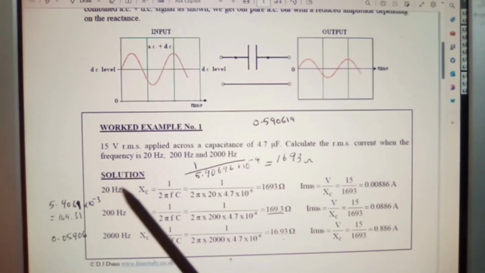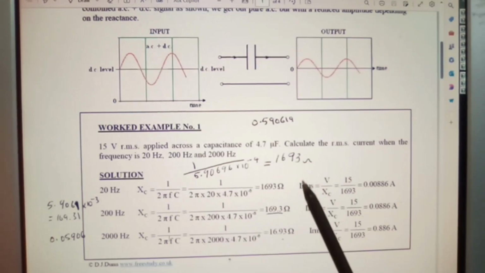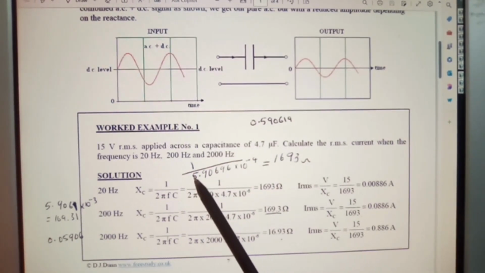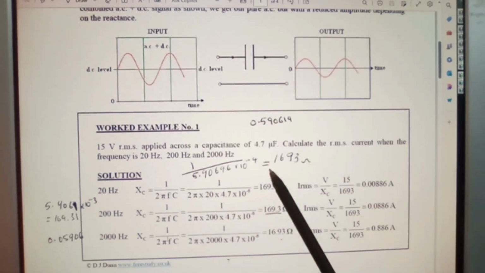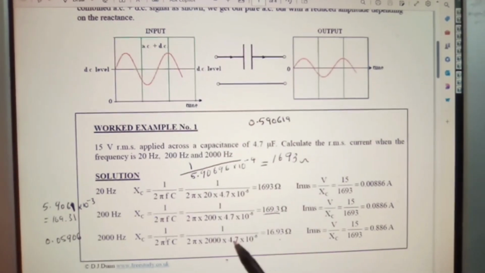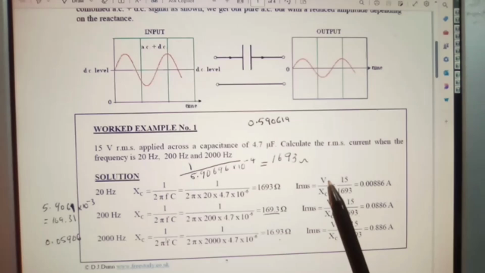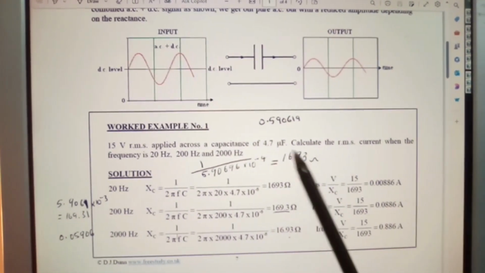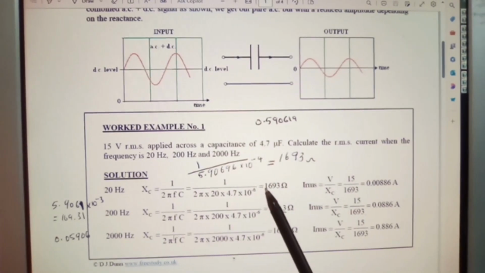Each one here gives you the process, but for me I just wanted to know how we got this, and you can see here that it's 1 over 5.90696 times 10 to the minus 4 equals 1,600, sorry, equals 1,693 ohms. Okay, so you can see that this value here is correct.